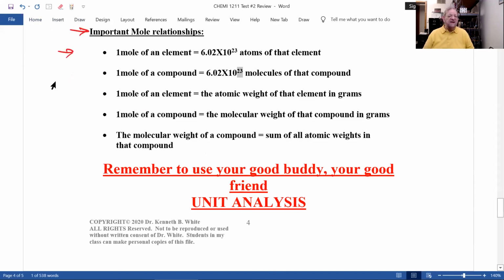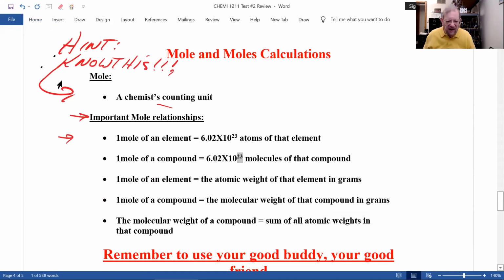All right. Now, you should know 1 mole of an element equals 6.02 times 10 to the 23rd atoms of an element. And you should know 1 mole of a compound equals 6.02 times 10 to the 23rd molecules of that compound.